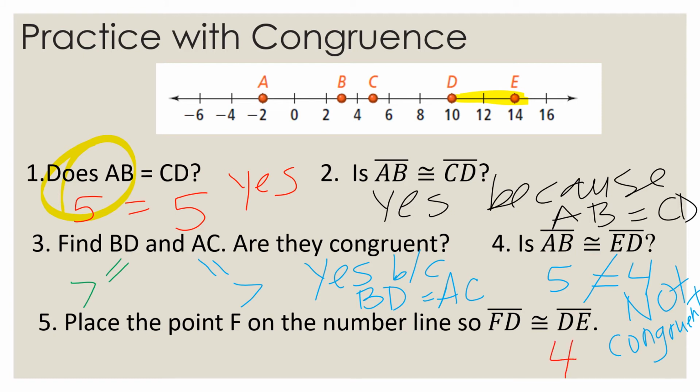So we need to draw FD to where that line segment FD or DF equals 4 as well, because we want the two line segments to be congruent. So if I have FD, I need a measure of 4 in between F and D. So if I have D at 10, that means I need to put F at 6. That kind of looks like an I.